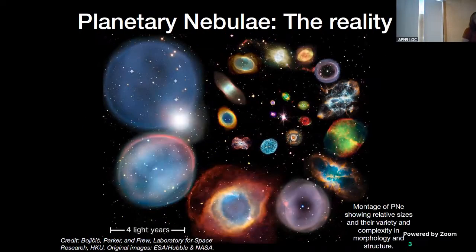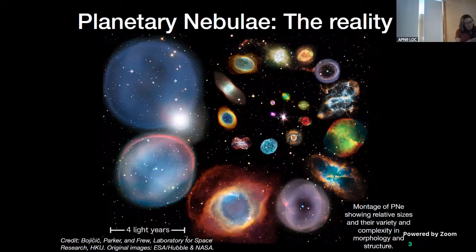Yet, when you go to reality, you find something like this. We see that there is a large variety of planetary nebulae. They have different sizes. There are some that are spherical, some that are bipolar, multipolar. Some of them present small-scale structures.